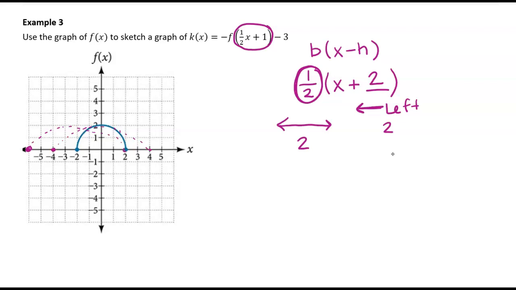All right, now let's look at my outside pieces. I have a negative outside that f of x function, and I have a -3. So this negative means take all my positive y's and make them negative y's.